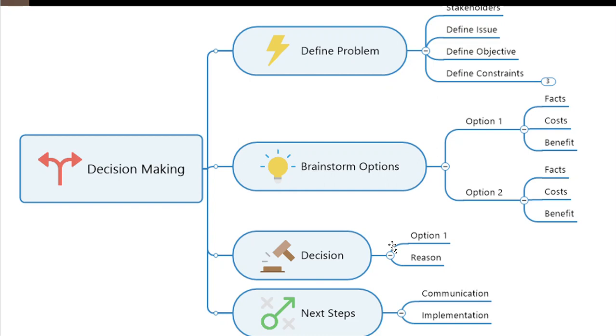Then the next step, communication or implementation. Of course, when you take the decision, the next part is the implementation part. Let's say you have decided to drive on your own. So the next step is you have to bring your car to the service center.